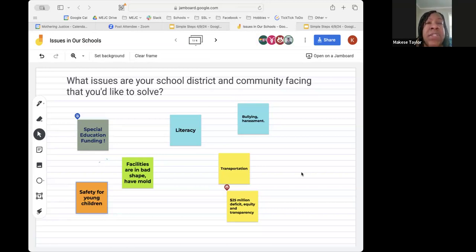That is a challenge. And then sometimes children and parents are late to school because you got to get multiple children ready. That's another issue in our community. Their tardiness is affected by how many children they have to get ready and how many different school zones they have to get to on time.